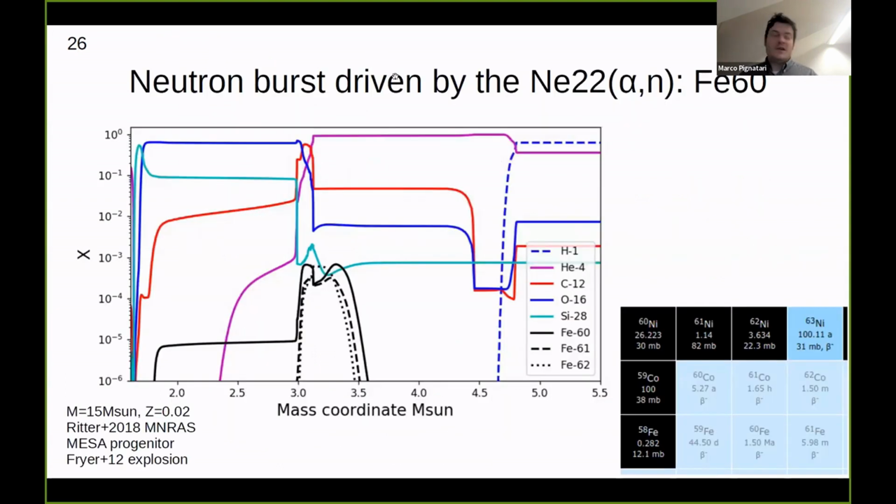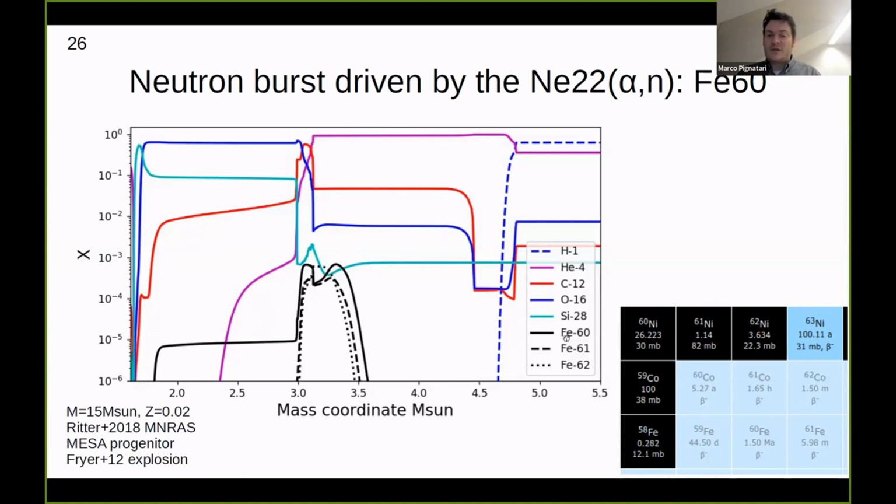Iron-60, in particular: if we go to the lower mass massive stars, so the 15 solar mass, for example, their production of iron-60 tends to be dominated by the neutron burst. So you see this really bright peak here in the abundances.